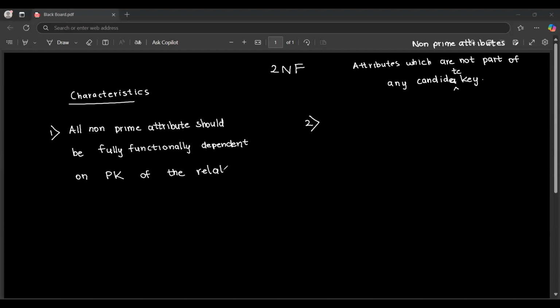This is the main and important point that we are going to talk about throughout this lesson.